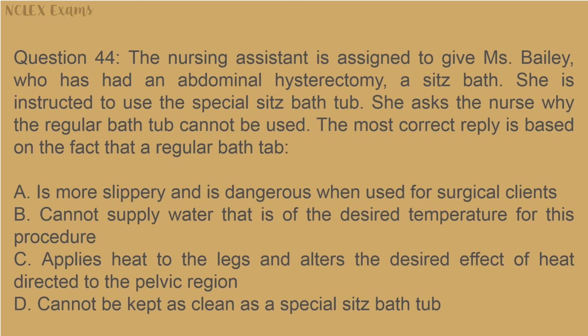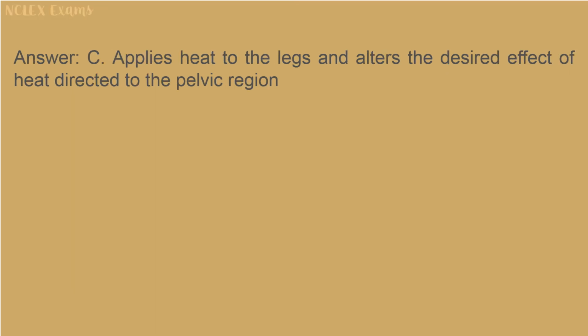B. cannot supply water that is of the desired temperature for this procedure. C. applies heat to the legs and alters the desired effect of heat directed to the pelvic region. D. cannot be kept as clean as a special sitz bathtub. Answer: C. applies heat to the legs and alters the desired effect of heat directed to the pelvic region.